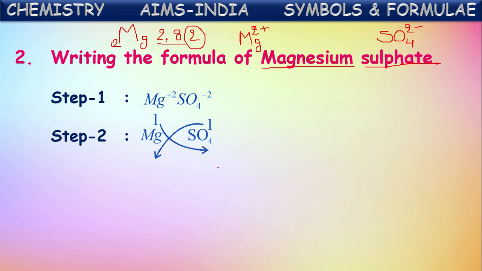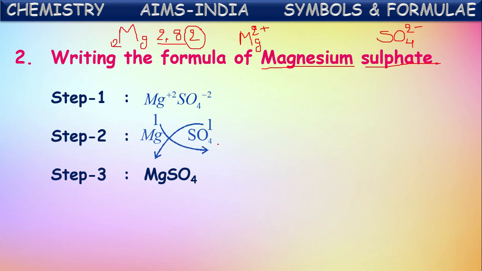After eliminating these charges and common factor, now we have to crisscross these numbers. The 1 from the sulfate ion should be written at the bottom of the magnesium ion, and the 1 from magnesium should be written at the bottom of the sulfate ion. Now see step 3. What do we get? We get Mg1 SO4 1.